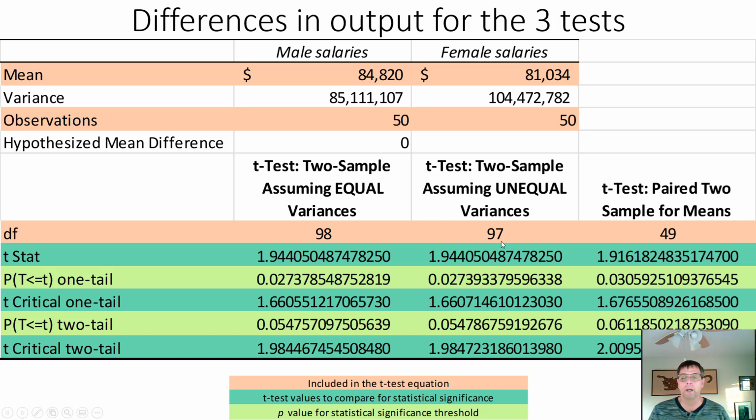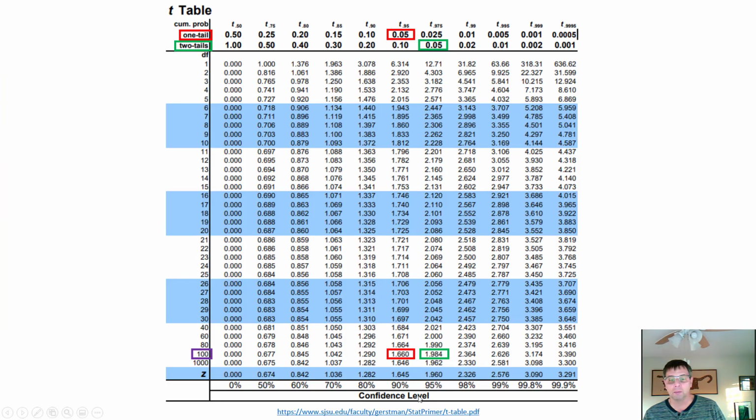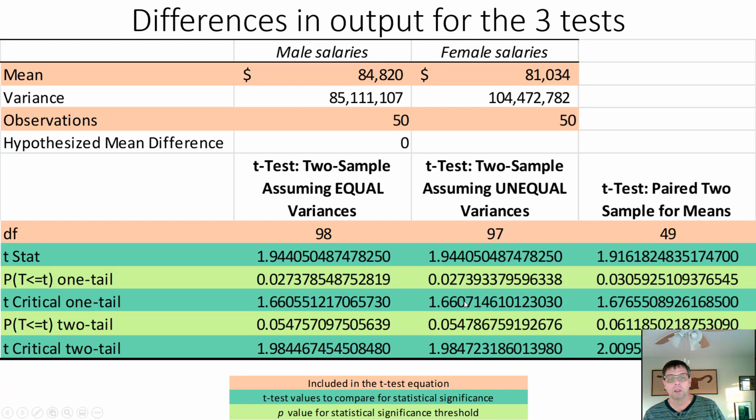Because it's 97 and 98 degrees of freedom, there's not going to be a massive difference, and you see that they're very close. And quite nicely, these also match what you remember looking at earlier, 1.660 and 1.984. So thankfully we came out okay.